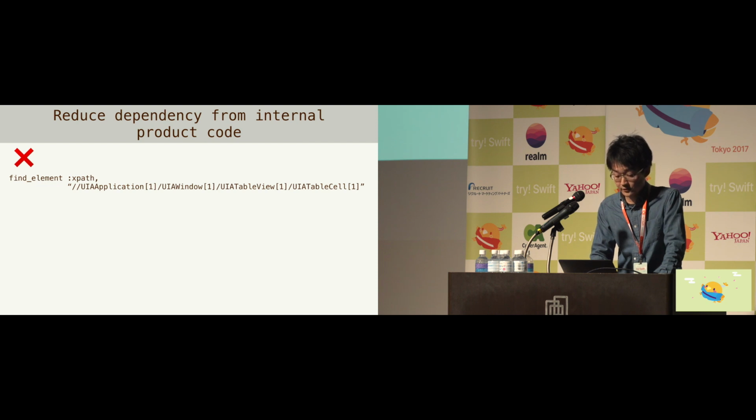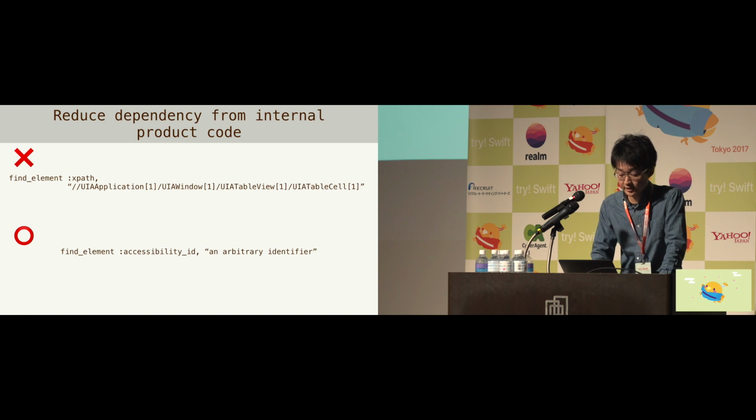But this element finding will break easily if the OS version is updated, because the path strongly depends on the iOS framework's logic. So use an accessibility identifier or a label to avoid this kind of cause.